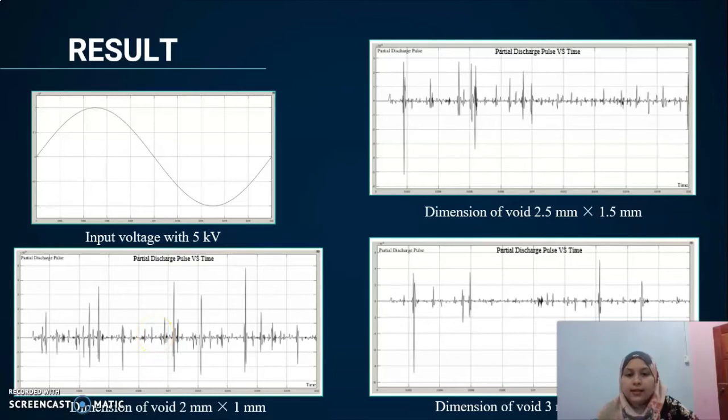This is the result obtained when supplying the AC source with 5 kilovolts into the circuit diagram of partial discharge measurement. The partial discharge signals are obtained according to the three dimensions of void in 0.02 seconds of time.